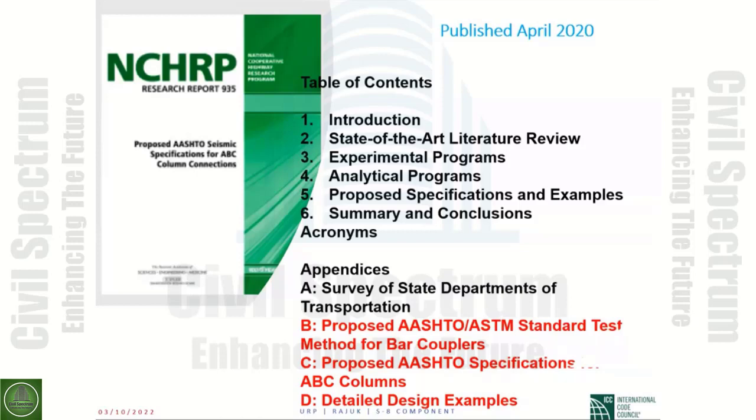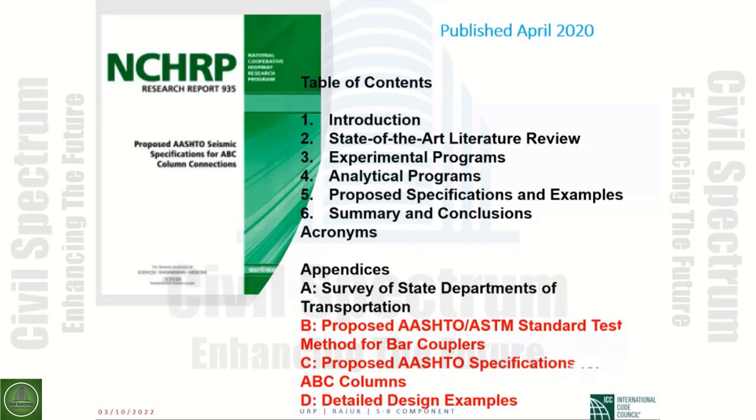Now, there are a bunch of appendices in this report. We did a survey of the state departments of transportation. Then we developed some standard test methods for bar couplers. I'm going to talk about that a little more, to see how we can bring these couplers into the design.